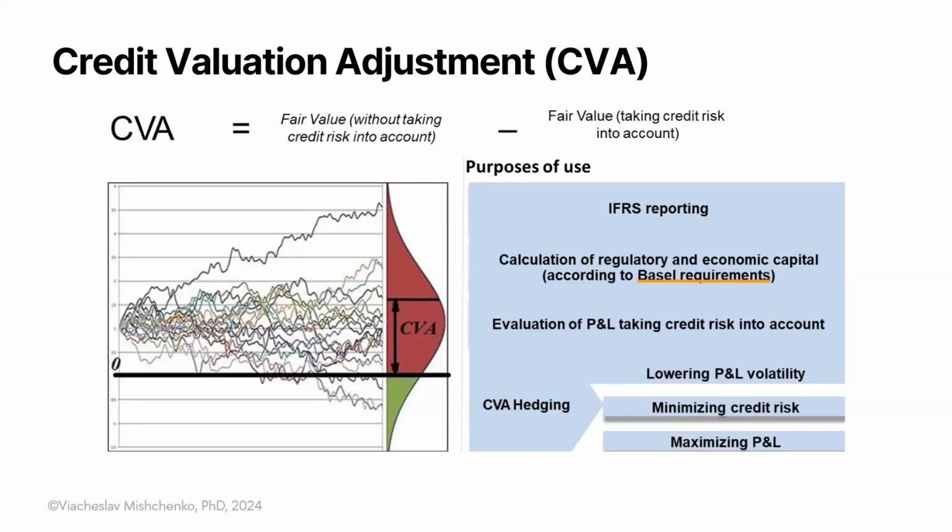It requires modeling both market risk factors and credit risk factors, and you have to model them over the life of the derivatives portfolio. Also, CVA is closely related to concepts we discussed earlier, like wrong-way risk, and in fact, wrong-way risk can significantly increase CVA.